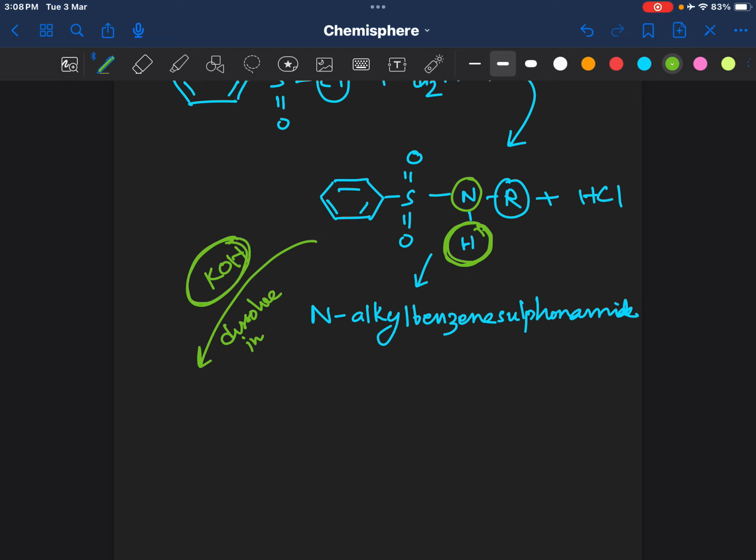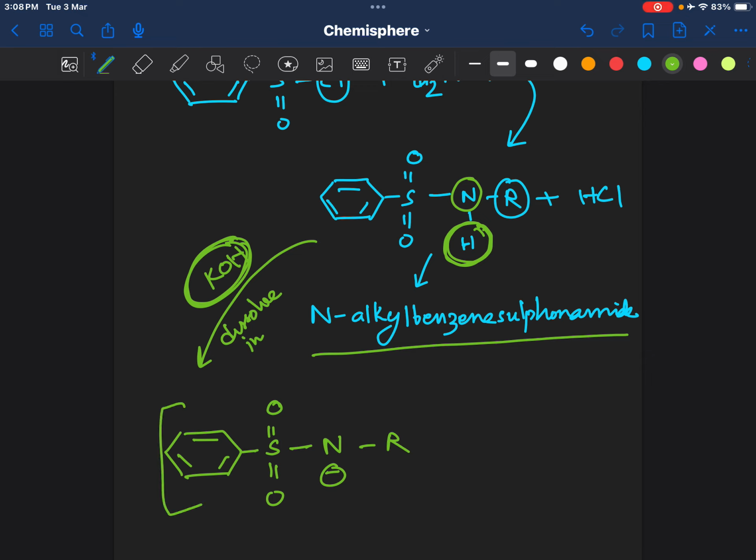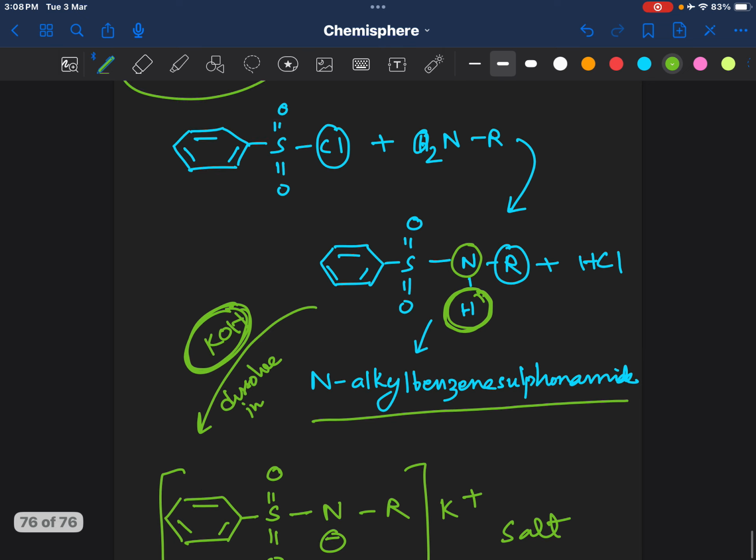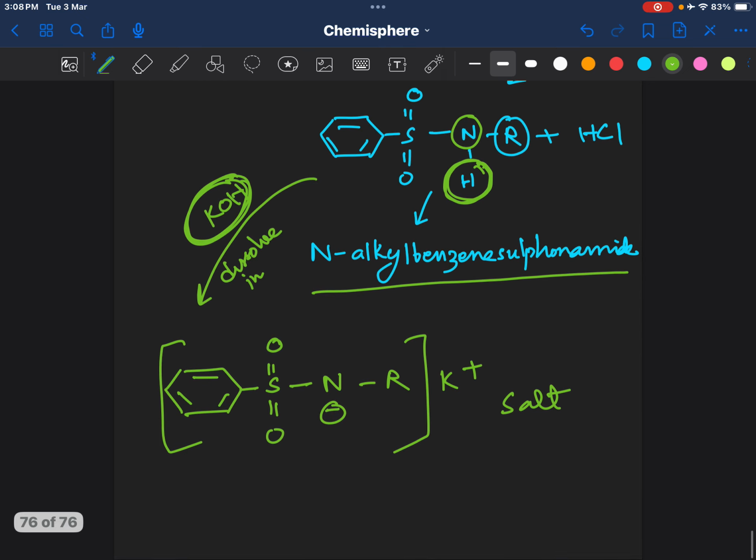So when we dissolve N-alkyl benzene sulphonamide with KOH, we get this salt, and the K plus comes from the base. That's why it is soluble in KOH. So primary amines form something which is soluble in KOH.